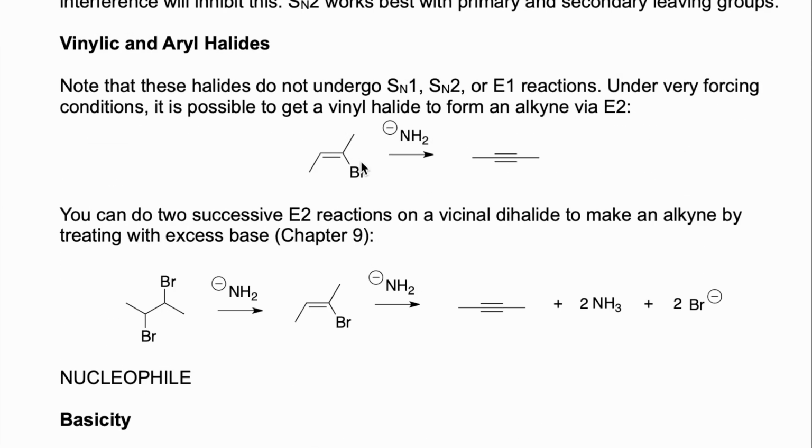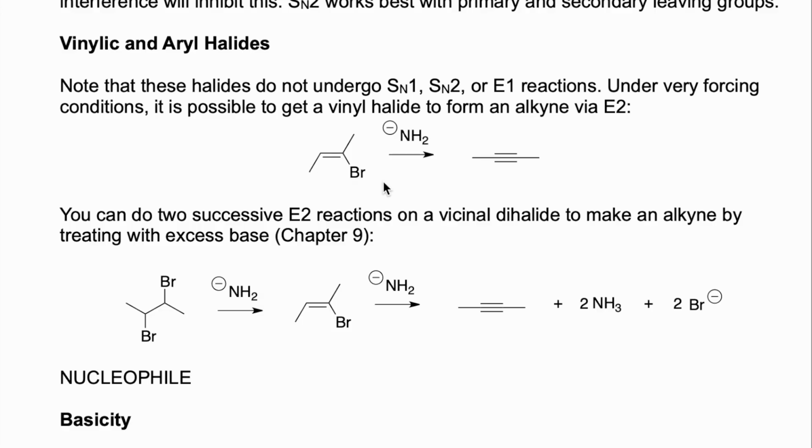Even though vinyl and aryl halides might not be as hindered, they do not undergo substitution reactions. They don't undergo either SN2 or SN1 that we'll learn about in a bit, and they also don't undergo E1 reactions. So even though these look like alkyl halides, vinyl and aryl halides are a special type of alkyl halide, and they don't undergo these reactions in the same way.